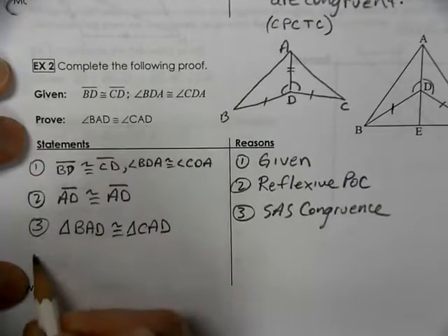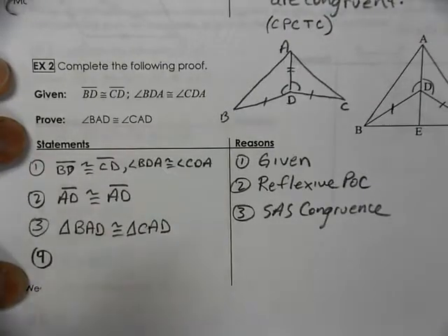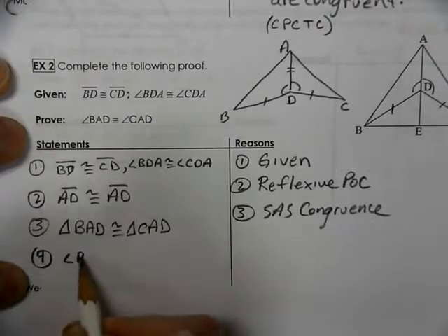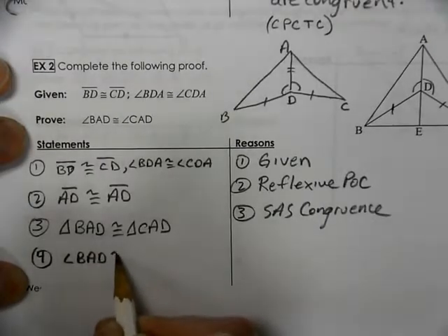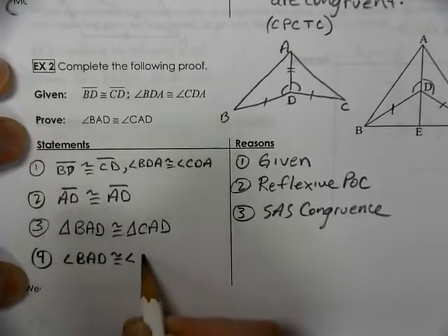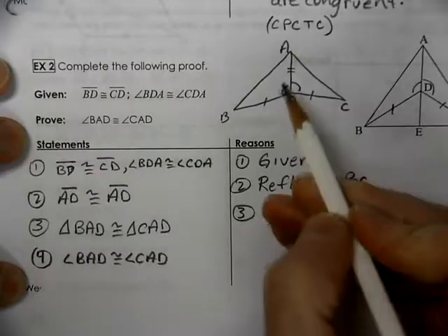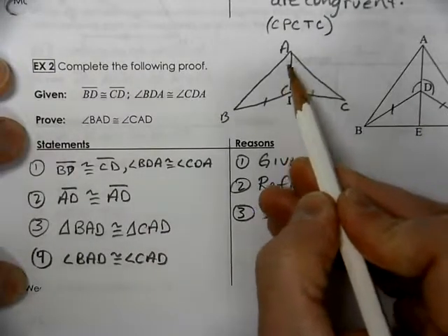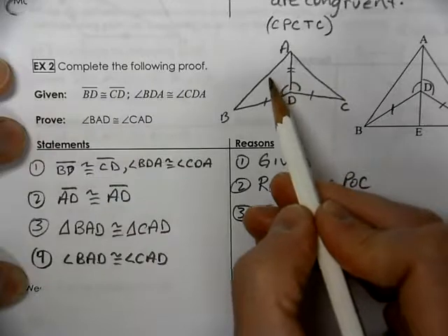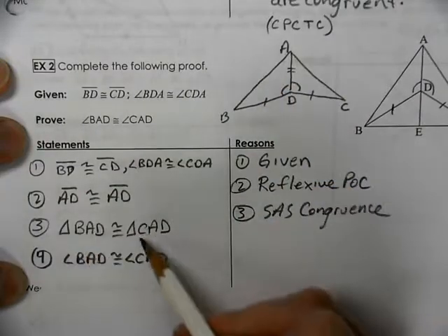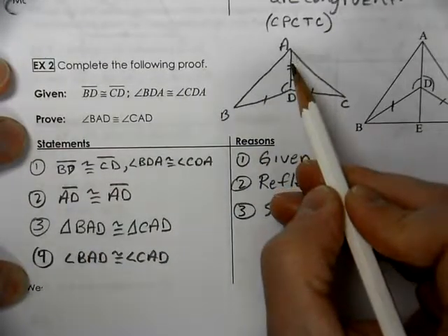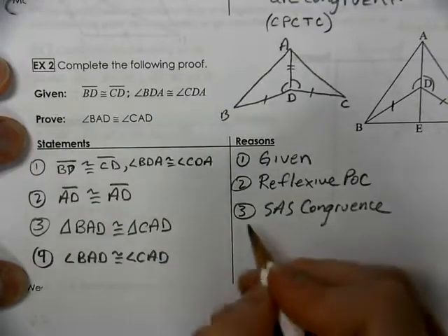Now what we're trying to prove is always our last statement. Angle BAD is congruent to angle CAD. That would be these two angles up here. Angle A of this triangle, which is the middle letter, is congruent to the angle A of that triangle, which is the middle letter.